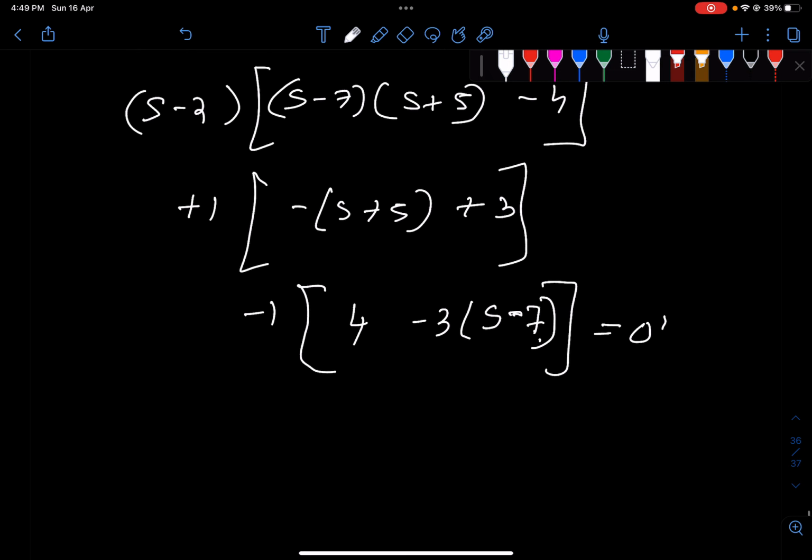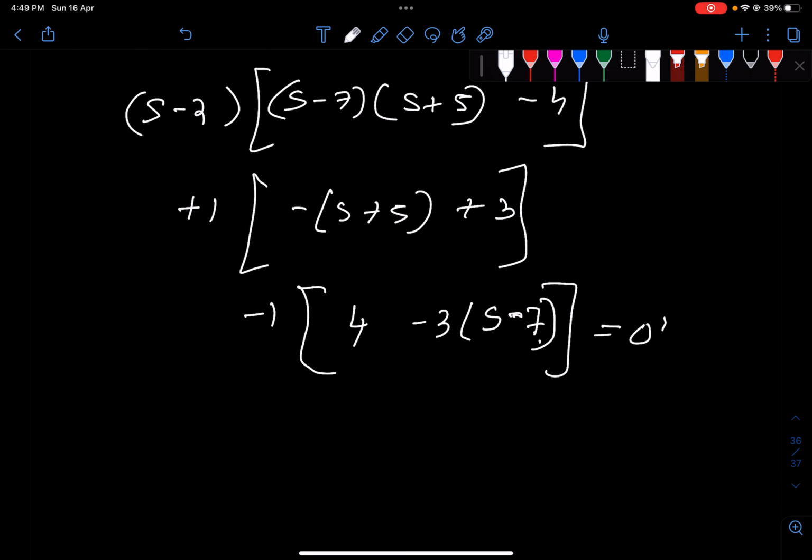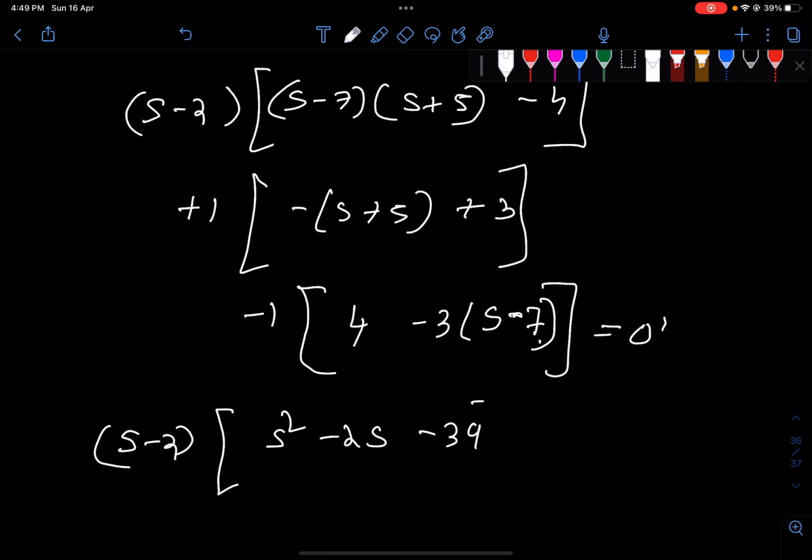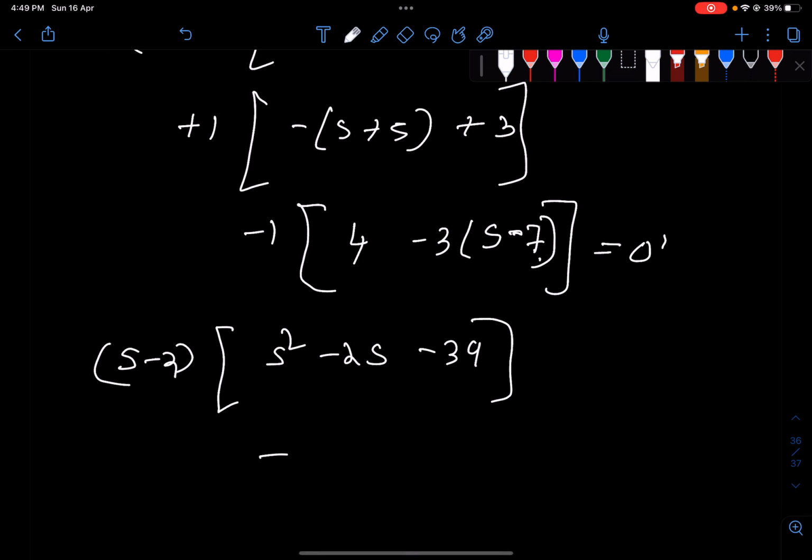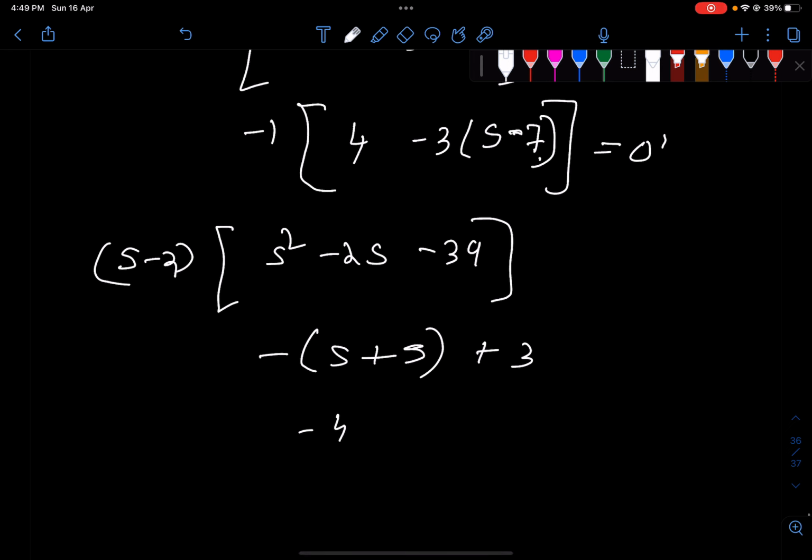So can we open the terms and group them out? So it is (s minus 2)(s square minus 2s minus 35 minus 4, that is minus 39), and minus (s plus 5 plus 3) minus 4 plus 3 (s minus 7).